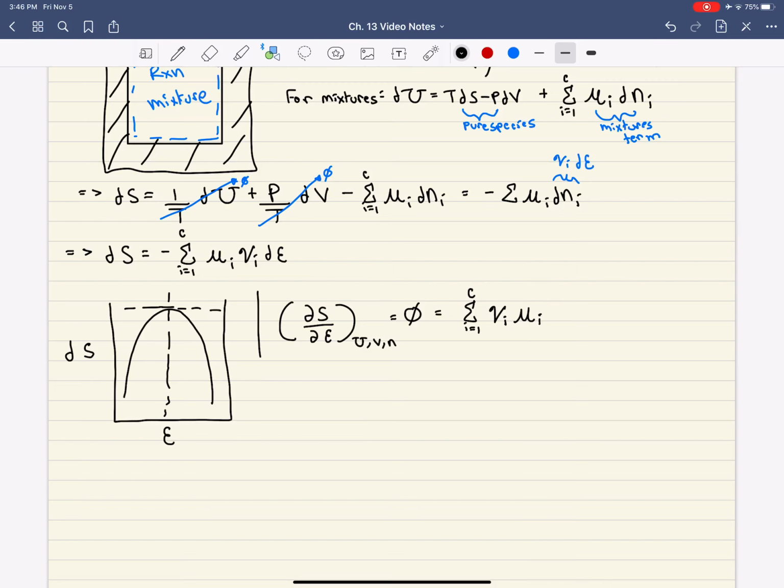And so, based on this statement, what this is telling us is that if we take all the stoichiometric coefficients of our reaction and multiply them by their respective chemical potentials and add all those things together, and that sum equals 0, then that would tell us that our system is at equilibrium.